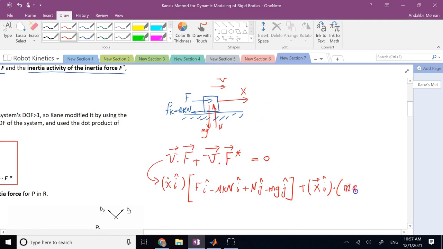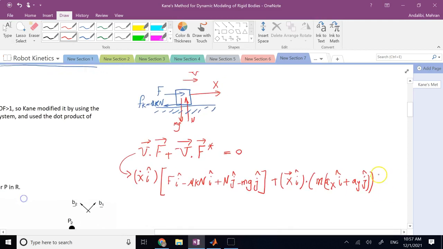M times ax i plus ay j, the total acceleration of the block. This is equal to 0. And the thing is, when you do dot product, i dot i is 1, but i dot j is 0.